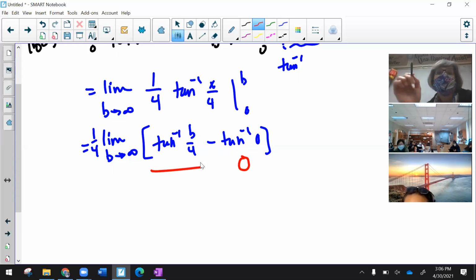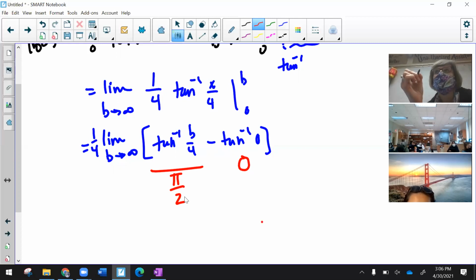Now I got to look at this part. b is going to go to infinity. What is the angle whose tangent goes to infinity? Think about the curve. Pi/2.